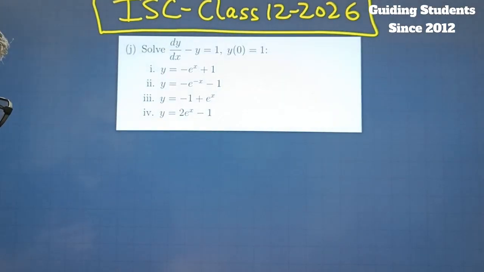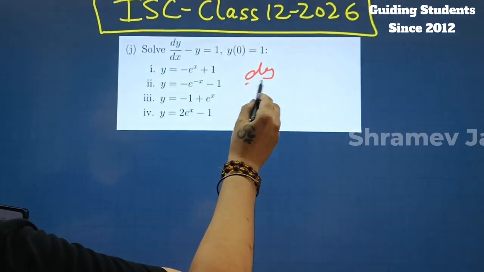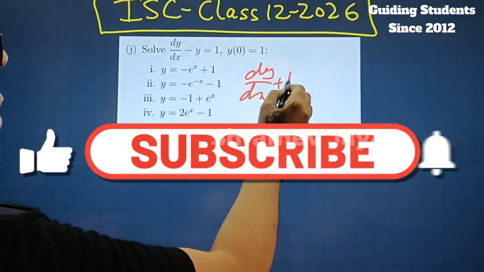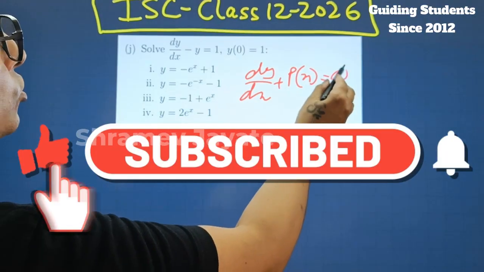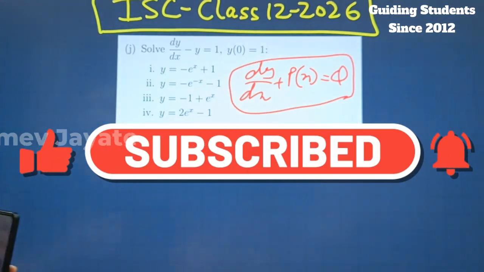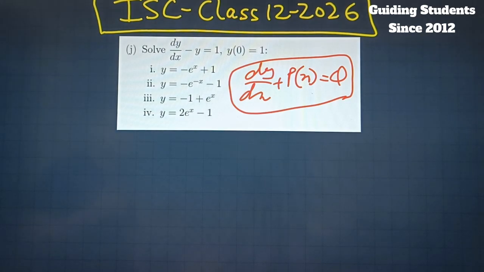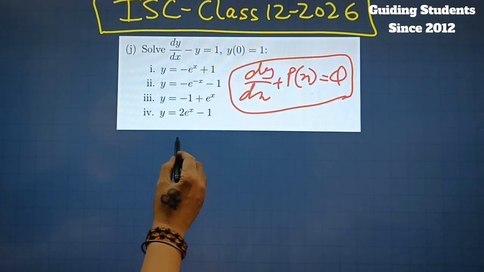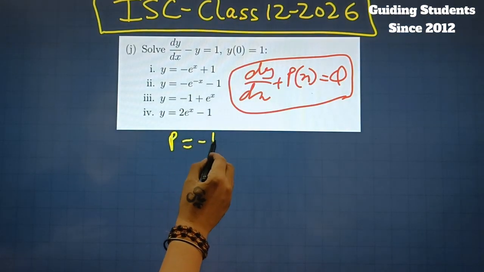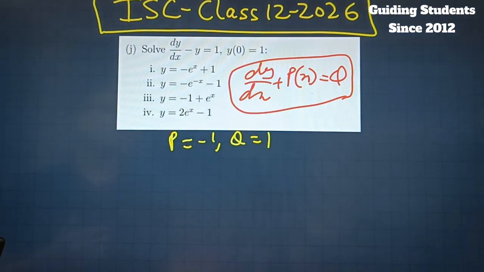So this equation is of the type dy/dx plus P(x)y equals Q. That means this is a linear differential equation, very simple, where Q is equal to 1 and P(x) is minus 1. So here we write P equals minus 1 and Q equals 1.